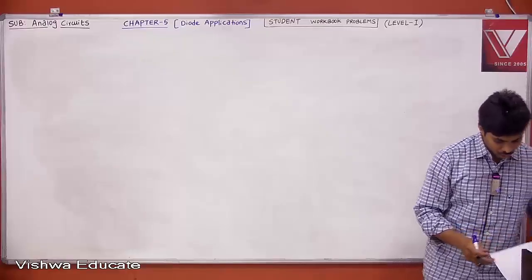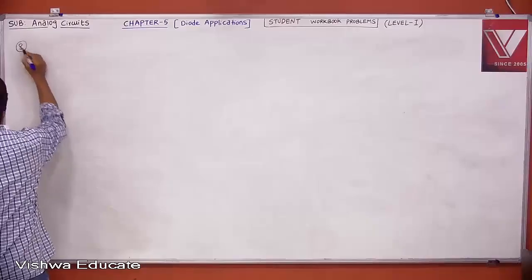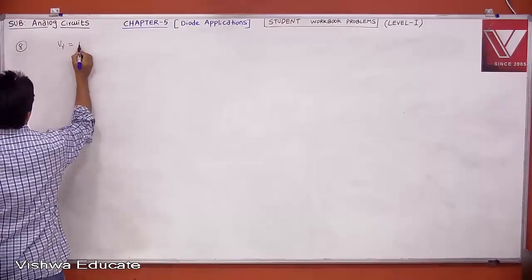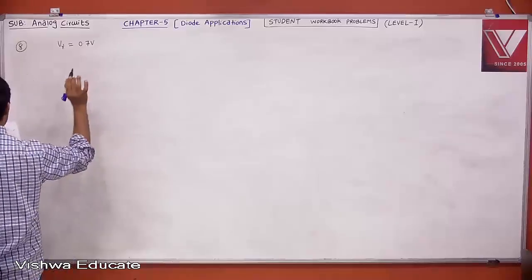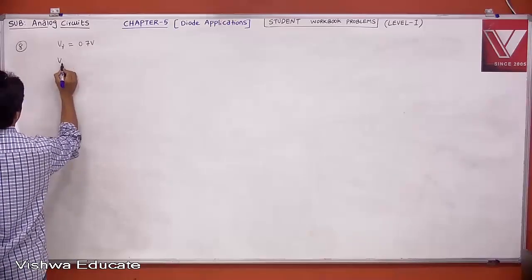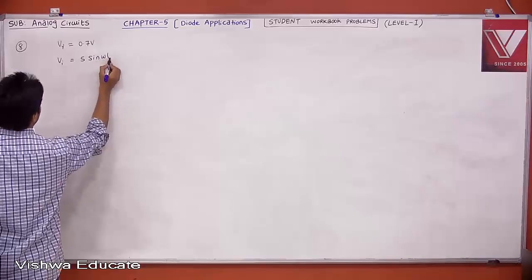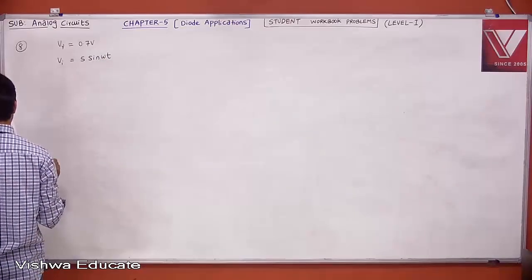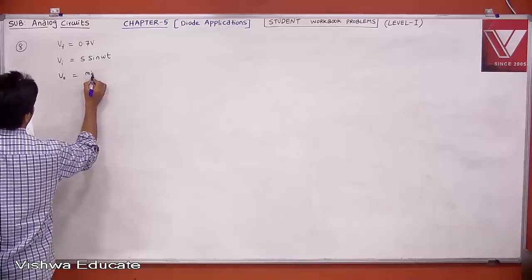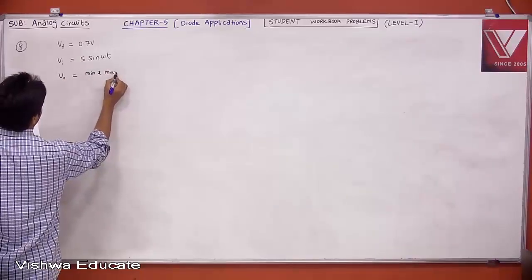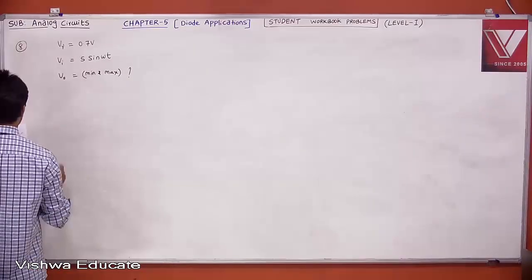The diode in the circuit shown has V on equal to 0.7 volt, which is nothing but V gamma, but is ideal otherwise. Second approximation, if Vi is equal to 5 sin omega t, what are the minimum and maximum values of V0, respectively?